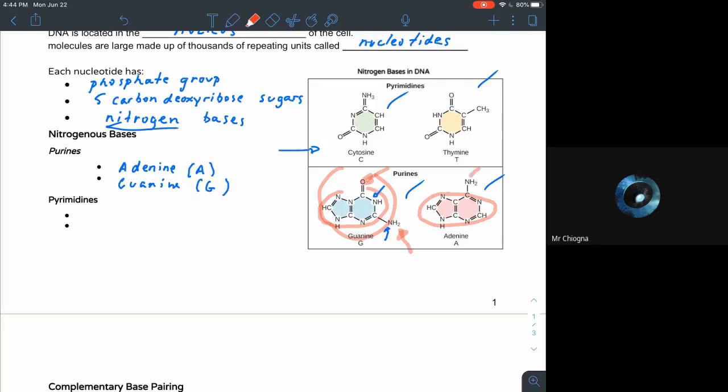They both have that in common. So what's different? The double bonded oxygen here. That's one of the main differences. So there are slight variations between these two, but you can see they're closely related.